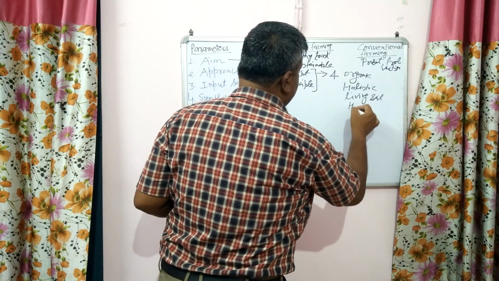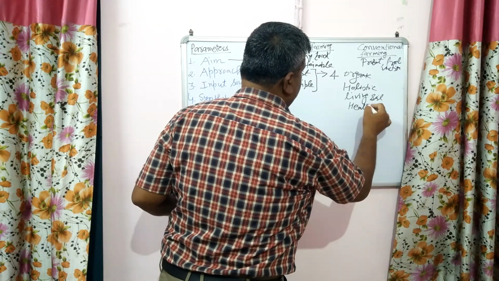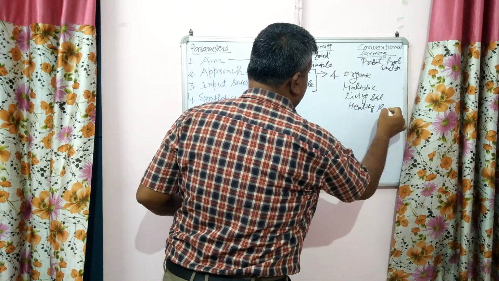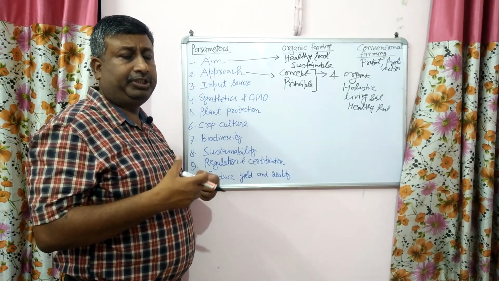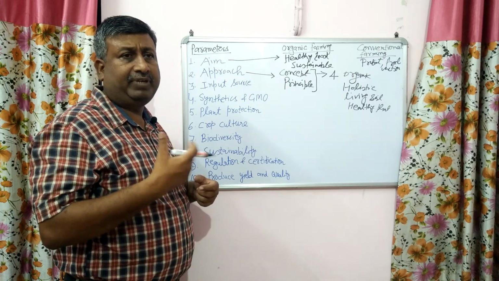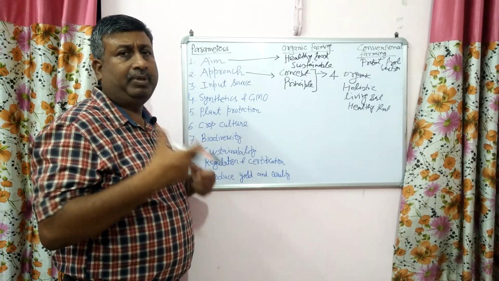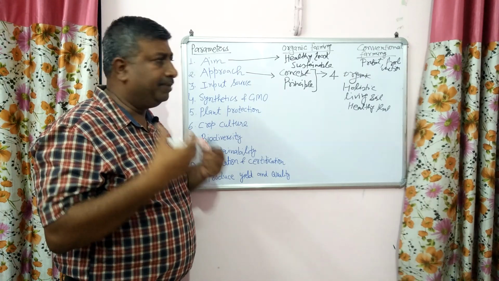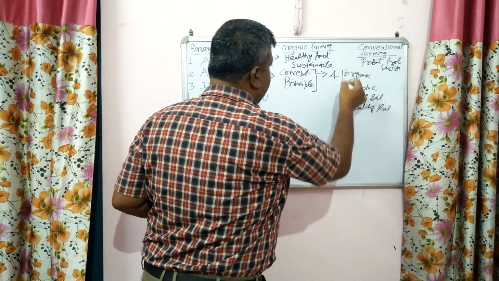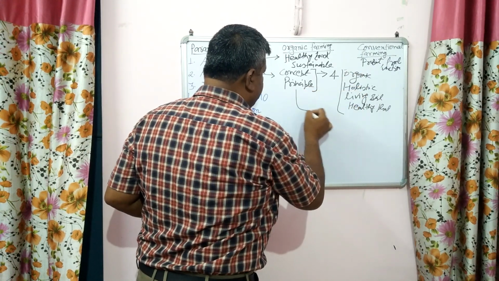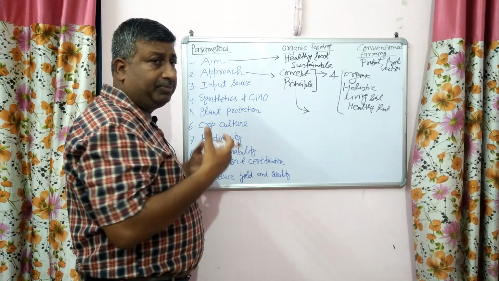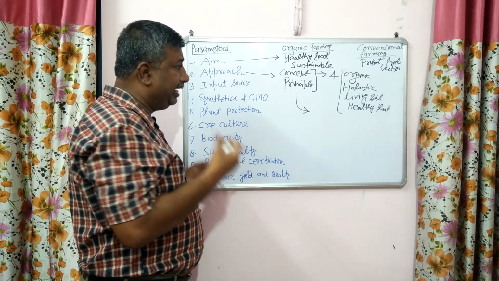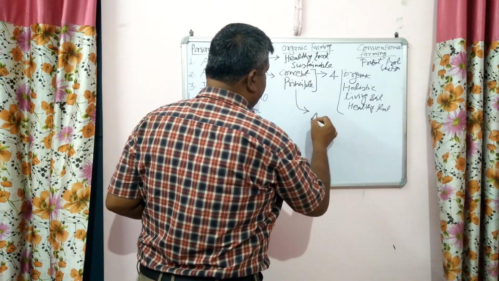And the healthy plant concept: if plants are healthy, they have inherent capacity to tolerate disease and insects, their infestation and infection will be less, and we have to apply less input. So these are the concept based approaches, and some principles are adopted to achieve the target and get the aim. There are also four principles.